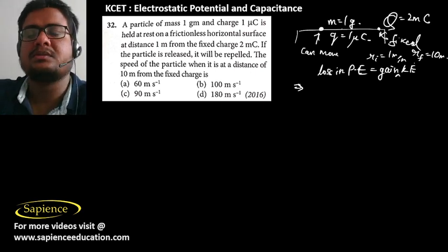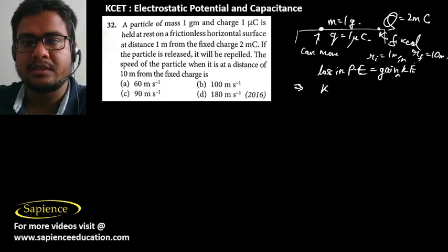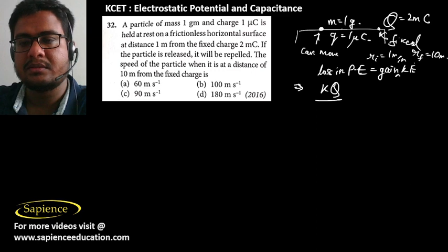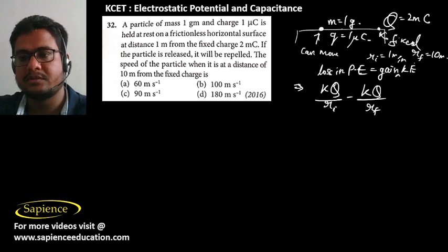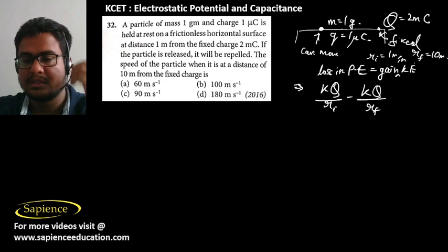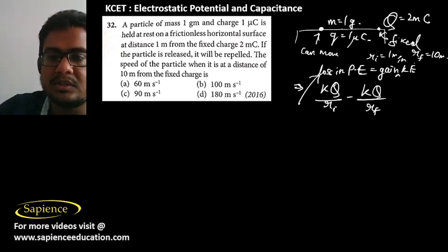Loss means initial minus final, so it is KQq by R initial minus KQq by R final. Since R initial is less than R final, 1 by R initial will be greater. Loss in potential energy is the initial potential energy minus the final potential energy.